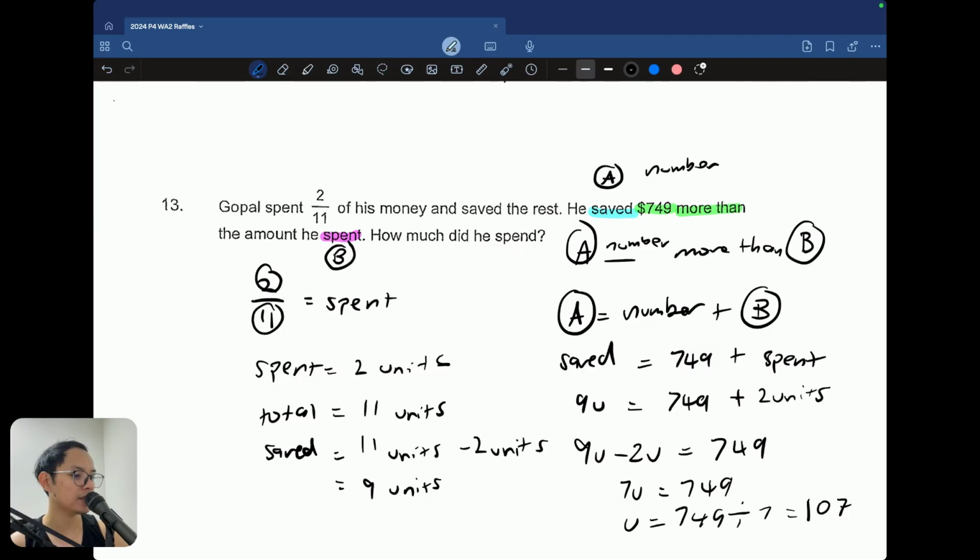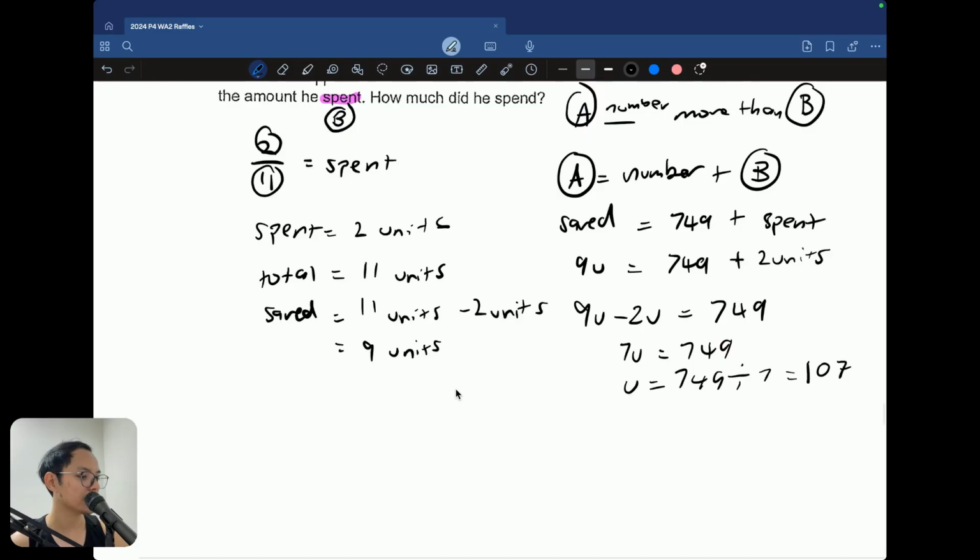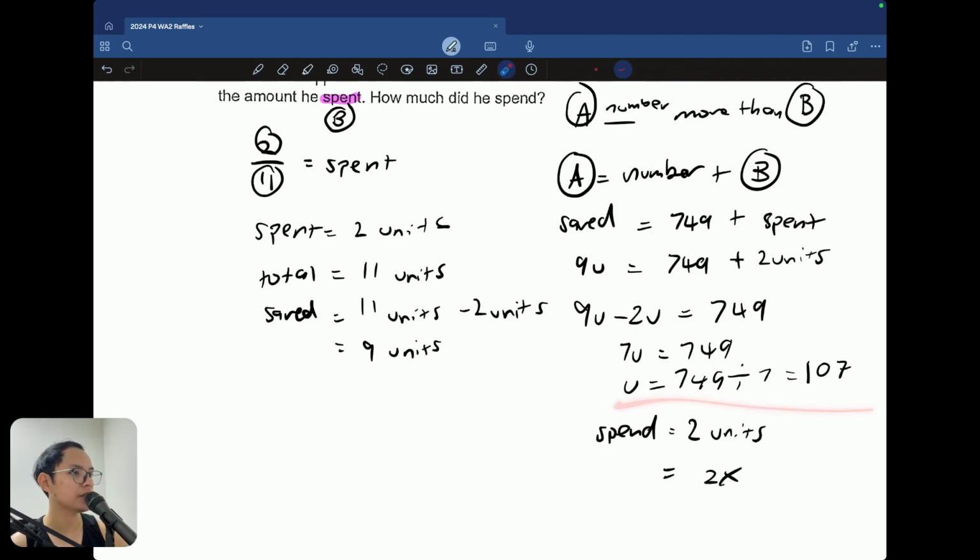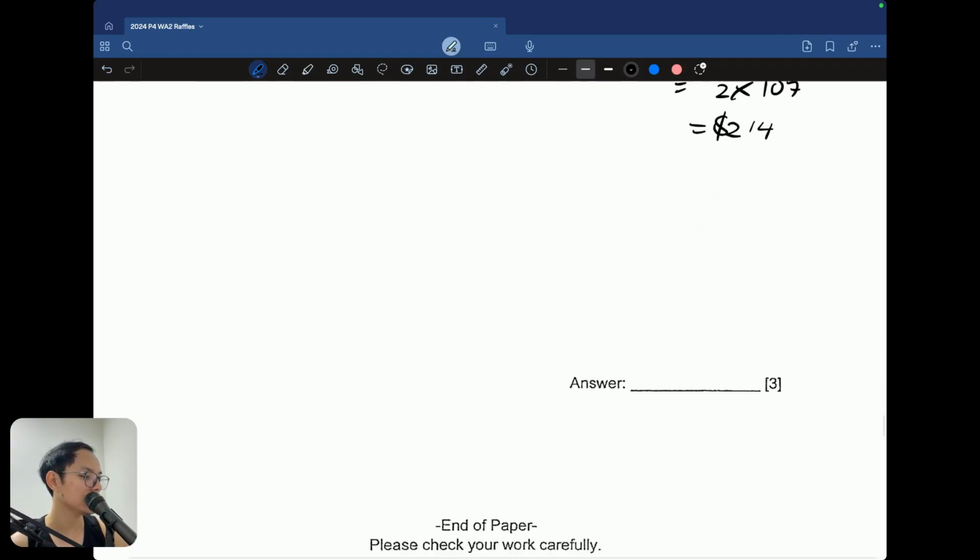So he spent 2 units, which is equal to 2 times 107, since 1 unit we know already is 107. So 2 units times 107 is equal to $214.